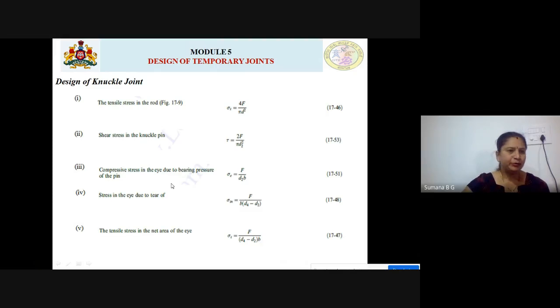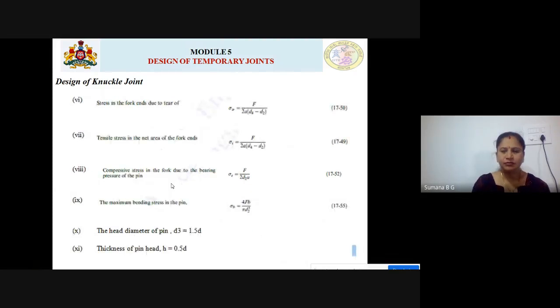Equation 17.47 gives the tensile stress in the net area of the eye. Next we have equation 17.50, stress in the fork end due to tear off. Tensile stress in the net area of the fork end is defined by equation 17.47.